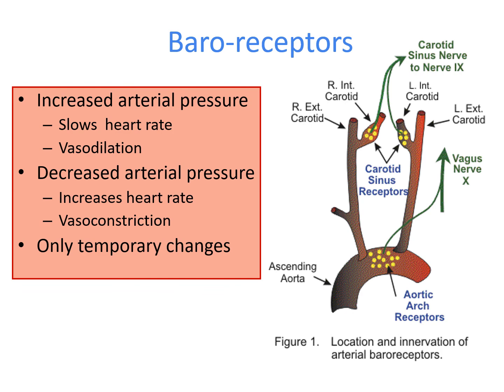So those baroreceptors are responsible for detecting differences in arterial pressure. When a person's arterial pressure increases, the response is going to be to slow the heart rate and to cause vasodilation. That is how you bring down the blood pressure.